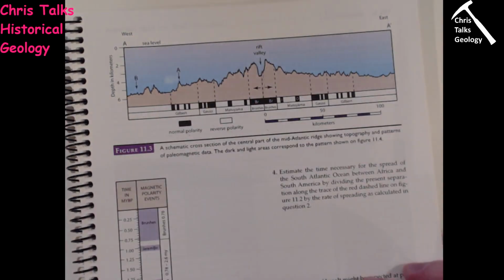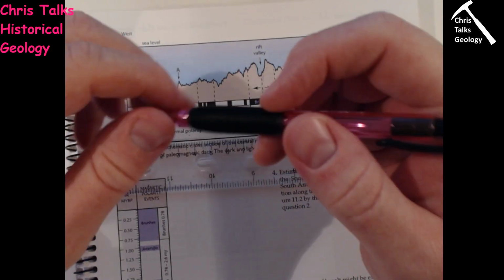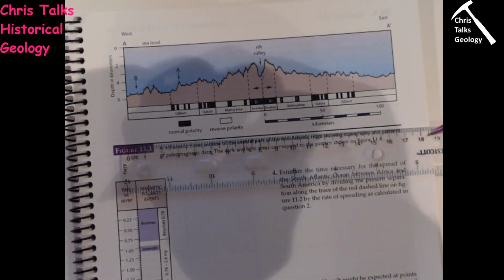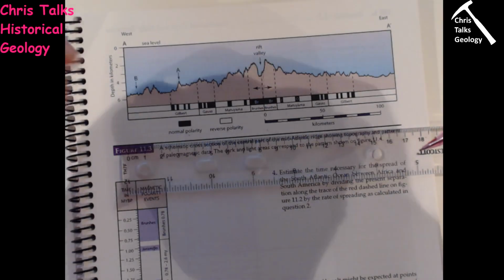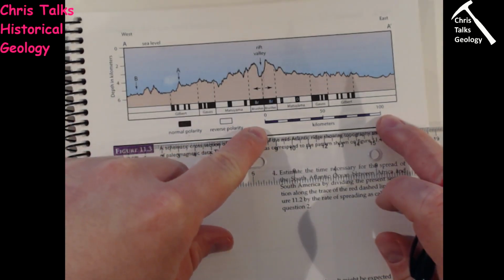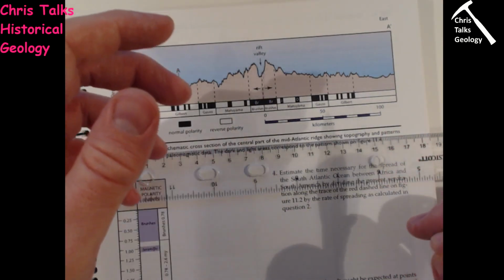Now, in order to get our actual distance, we're going to take that 5.7 centimeters or 57 millimeters. We're going to need to use the 57. So we're going to do 57 millimeters multiplied by 1.4. And that's going to give us our distance.